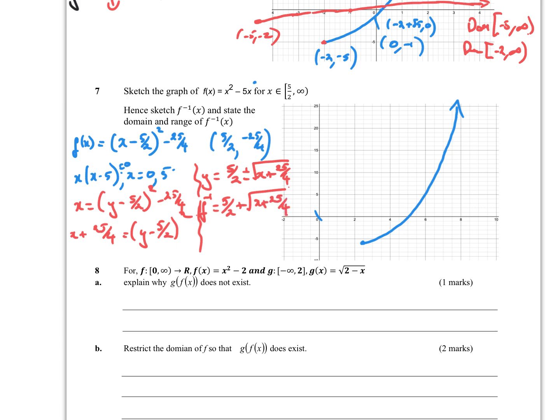All right, so let's just sort out a few things here with our blue function. We'll just tidy it up a smidgen just to make the inverse a bit easier. Let's get our turning point in there, which is at the point 5 on 2, -25 on 4, and our x-intercept at the point 5, 0.